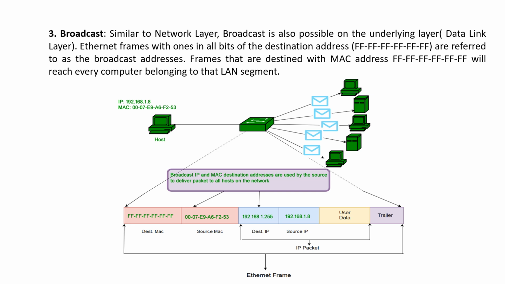Ethernet frames with 1 in all the bits are referred to as the broadcast address. In hexadecimal form, it is represented by all F.